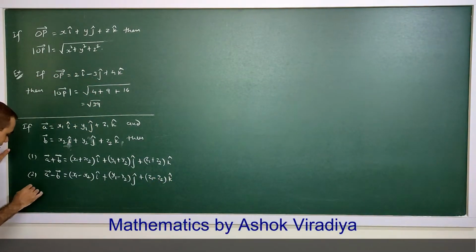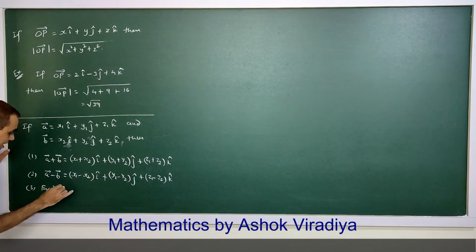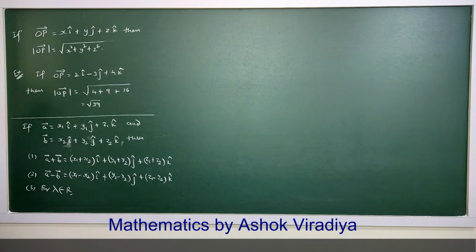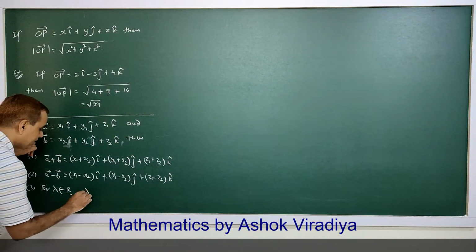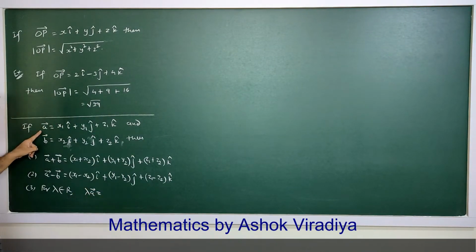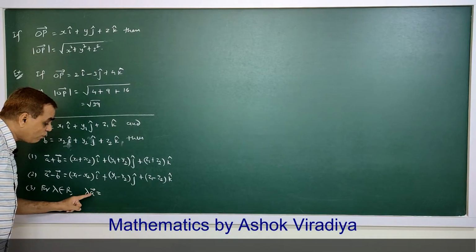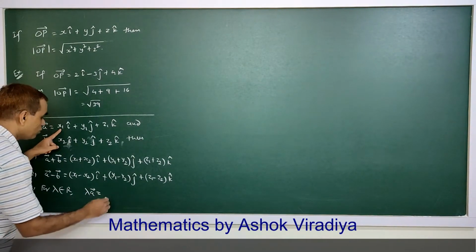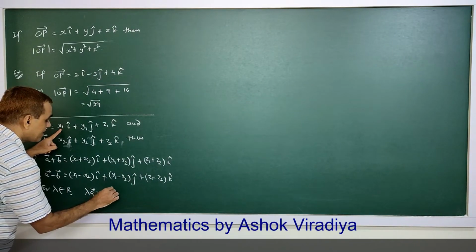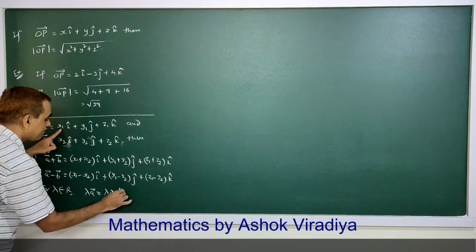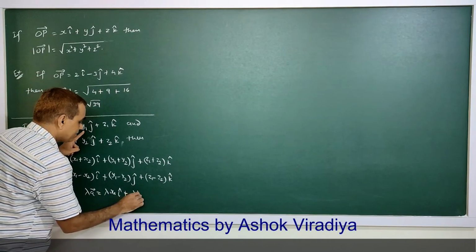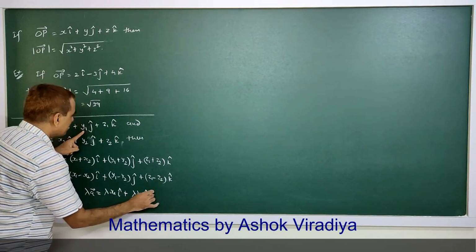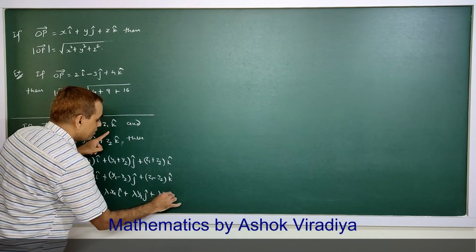For any scalar lambda, I am multiplying this vector with lambda, lambda times vector A. So it is equal to lambda times x1 i cap plus lambda times y1 j cap plus lambda times z1 k cap.